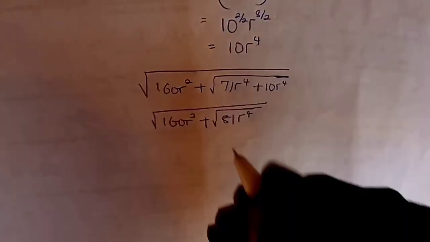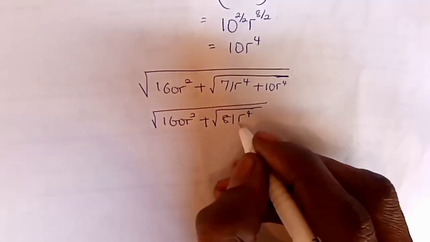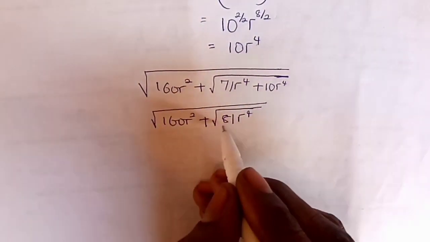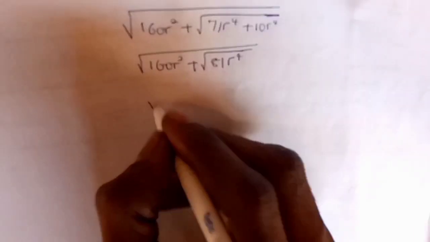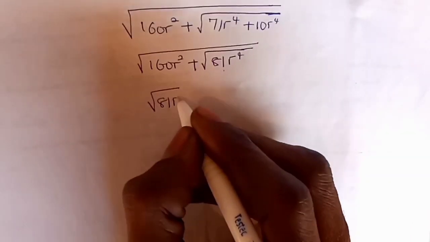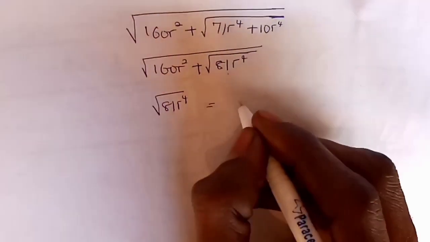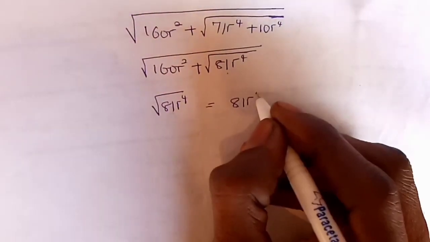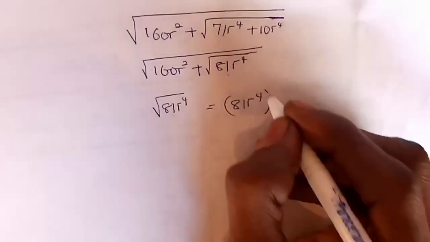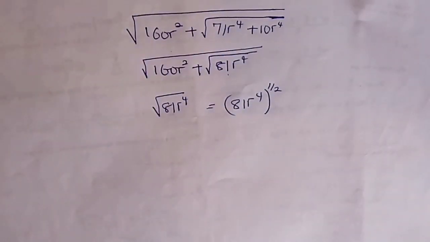Is that clear? So now the same approach will be applied to this square root here. Let's work it out. We have 81r^4, which is (81r^4) all to the power of half.